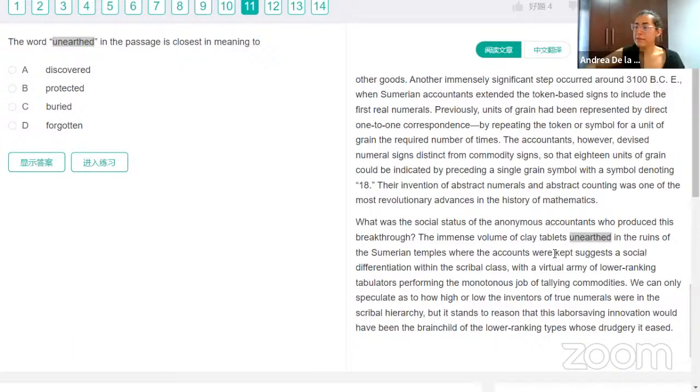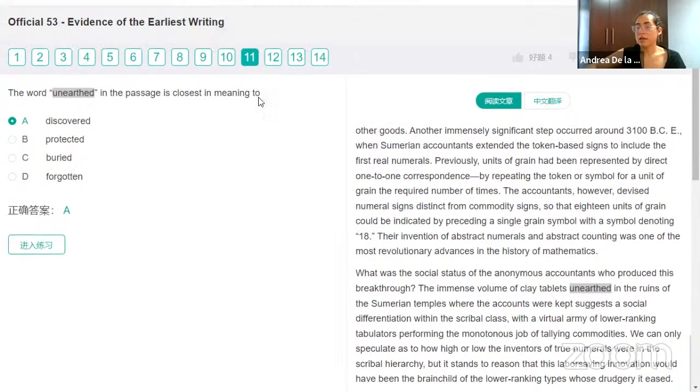Yes, porque dice the immense volume of clay tablets unearthed in the ruins of the Sumerian temples. Entonces, descubiertos, encontrados, desenterrados, ¿no? Buried es lo opuesto, enterrados. Forgotten, olvidados, no. Es un descubrimiento, discovered. Protected, tampoco. Unearthed, si uno sabe que es earth, es tierra, ¿no? Unearthed, desenterrados, en realidad. Entonces, descubiertos. Unburied podría ser en vez de discovered.